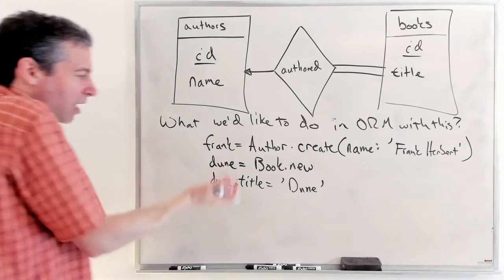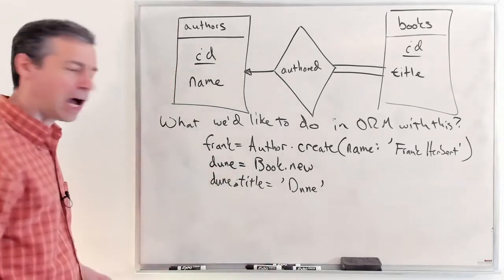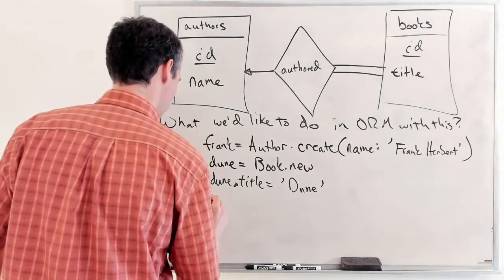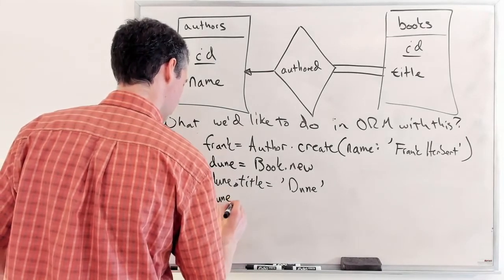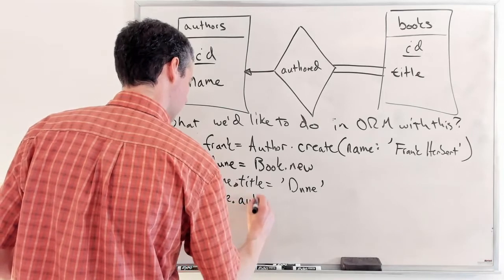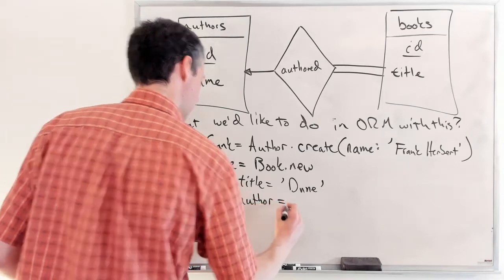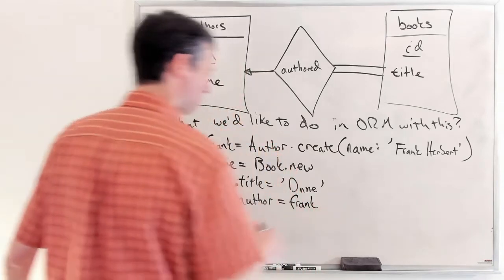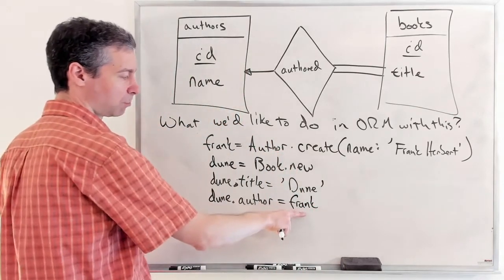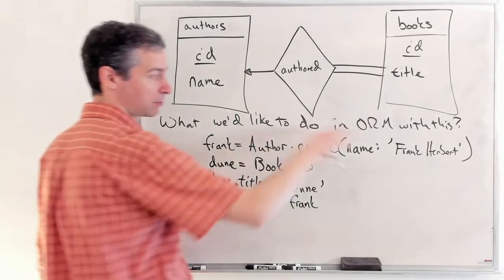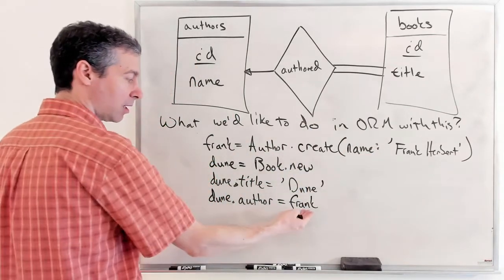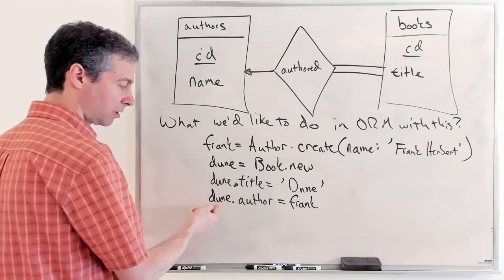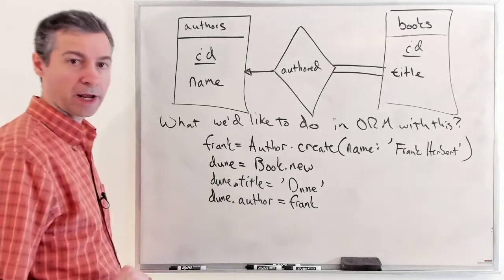So in an object world, the thing that feels good would be able to do something like this, to say dune.author is equal to Frank, is assigned Frank. So we're going to take the Frank author object, which has been created and it's in the database, and we're going to assign it to the book here as their author attribute.